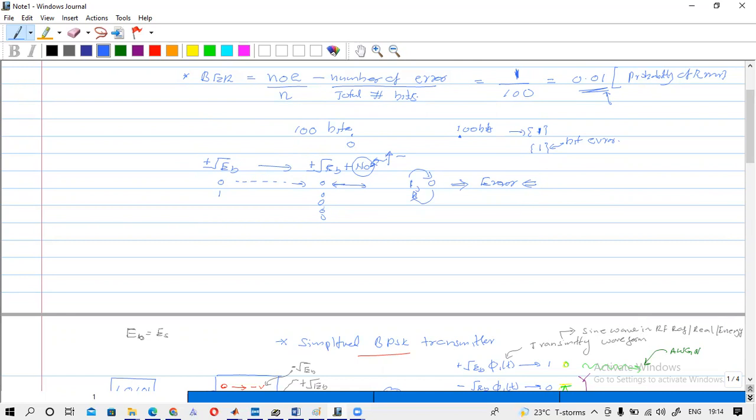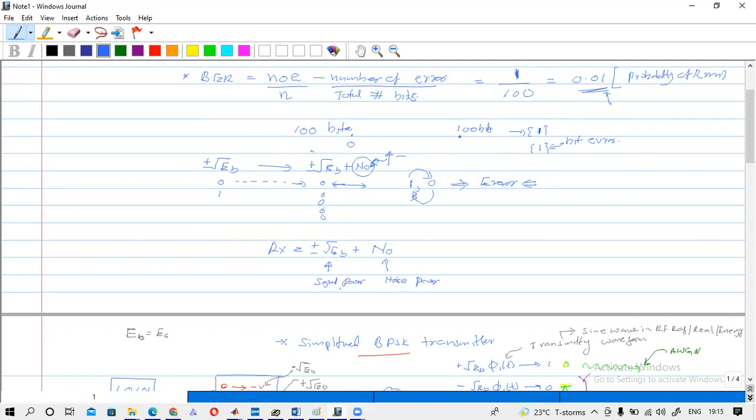If we keep this, this will be our signal, the received signal, plus or minus root Eb plus N naught. This will be our signal energy or signal power, and this will be our noise component.